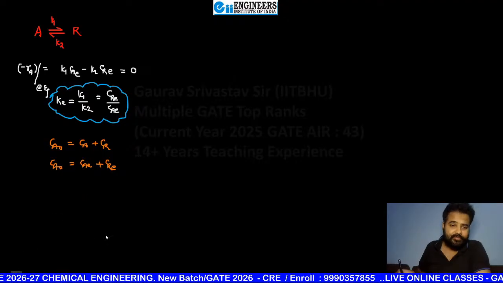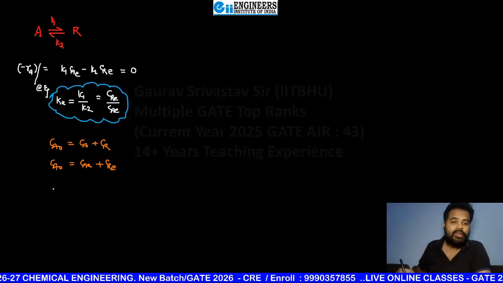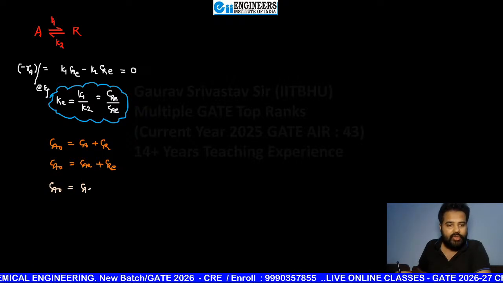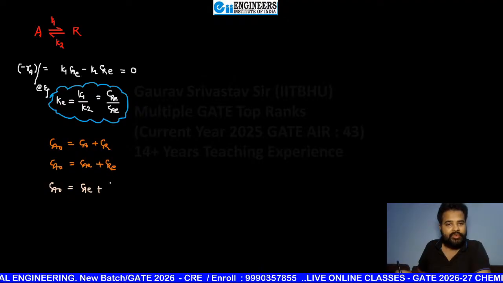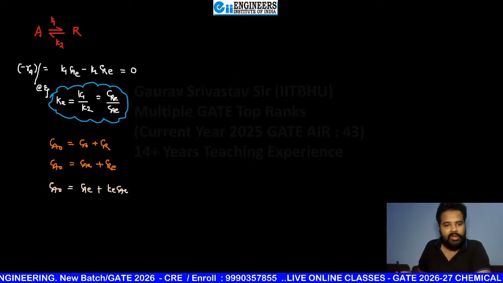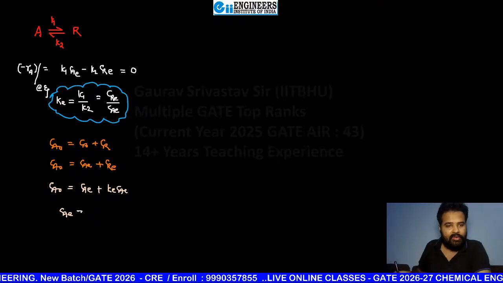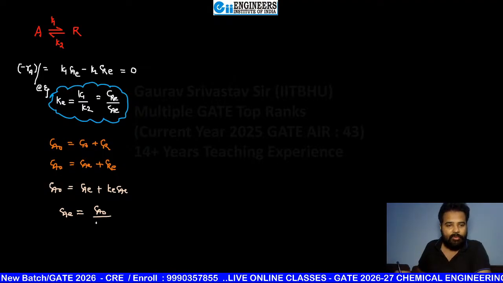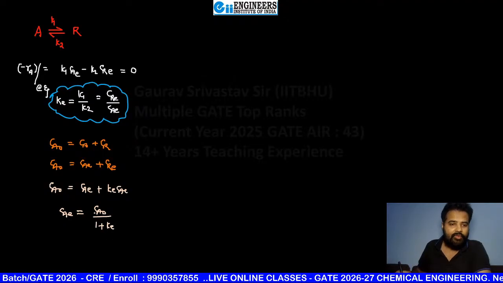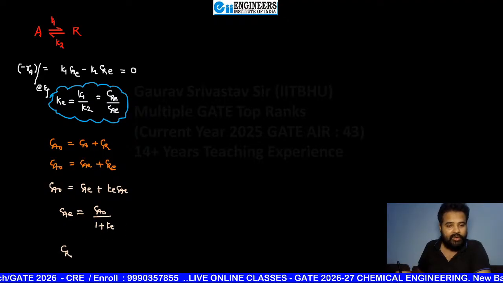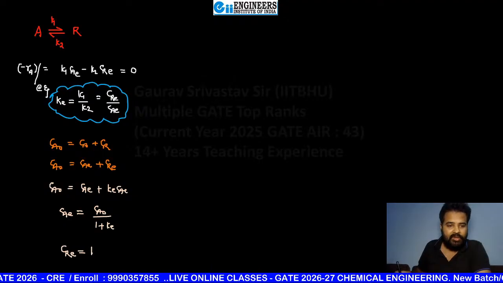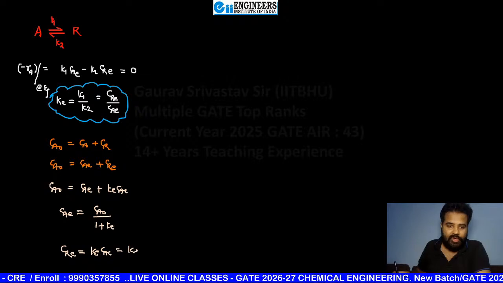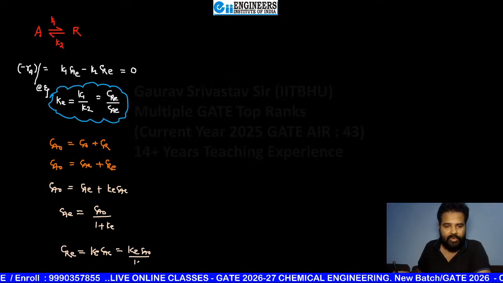And one more thing we discussed, that in this expression, if we are going to put CRE as KE CAE, so CAE can be written as CA naught upon 1 plus KE, and with the help of this expression you can also write CRE. So what is CRE? CRE was KE CAE, so it is KE CA naught upon 1 plus KE.